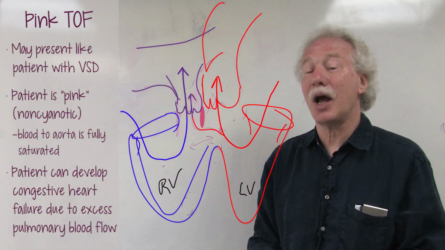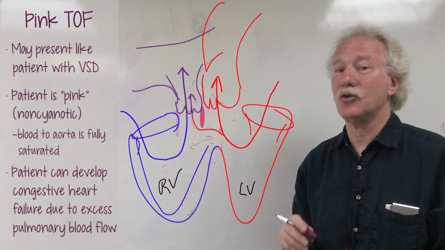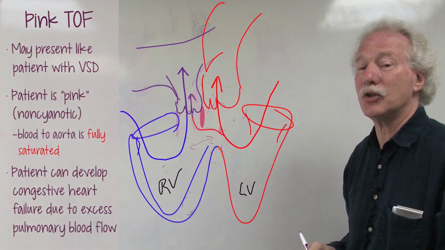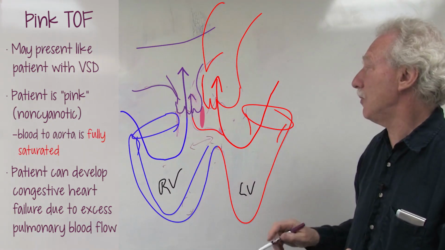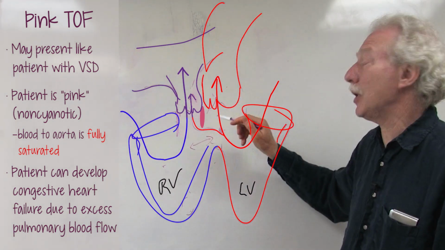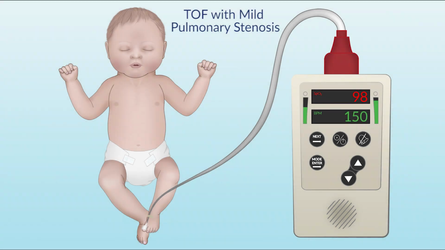So this would be a child with so-called pink Tetralogy of Fallot because they don't have arterial desaturation, can have congestive heart failure, and that's their initial presentation. They will mimic somebody with a ventricular septal defect. In cases of Tetralogy of Fallot with mild pulmonary stenosis, the patient may initially maintain normal oxygen saturations.